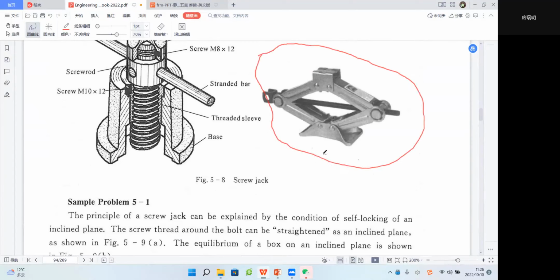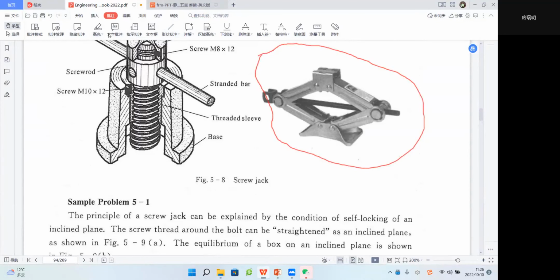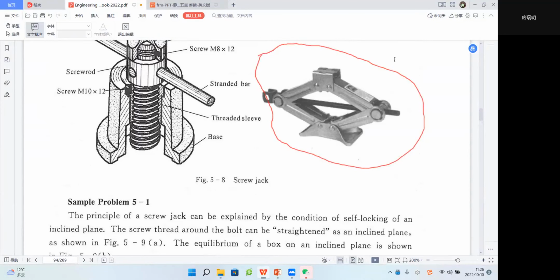If you have a car, maybe sometimes you are very unlucky and there's some problem with your car. It cannot move anymore, right? Maybe our tire was punctured by some nails or something. Then we can use this. In Chinese, we have a very famous name for it, 千斤顶.